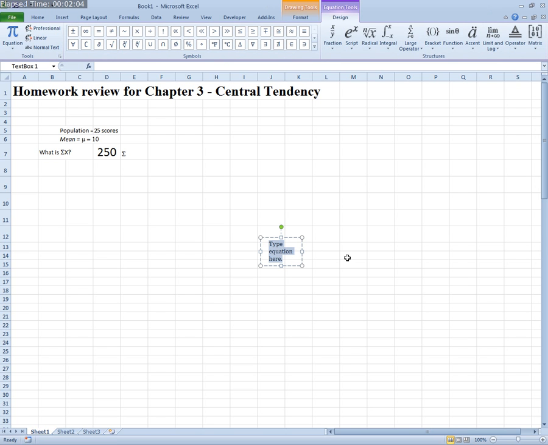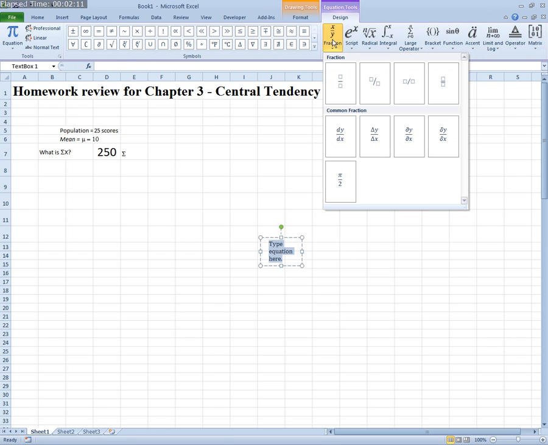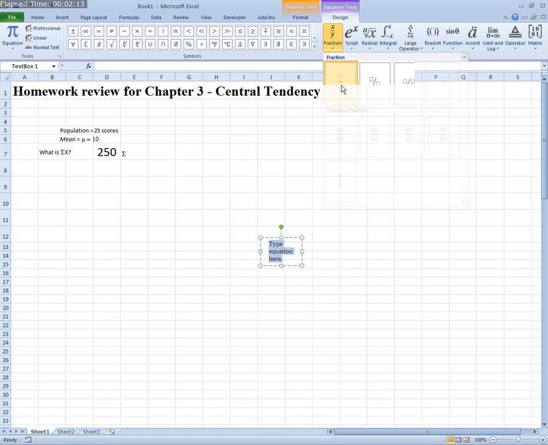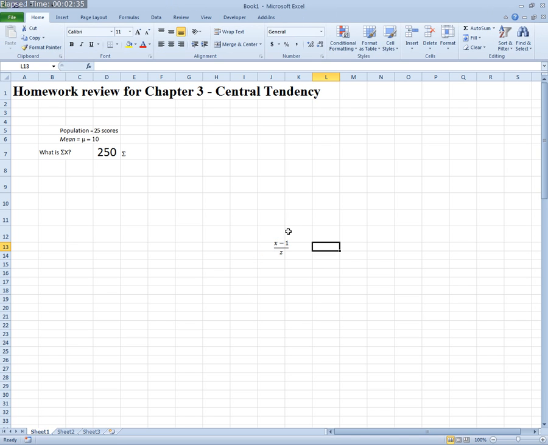So let's say I wanted to do a fraction, and so I would simply hit the fraction and type that, and then I would click in here, and I would say x minus 1 divided by z, and there you have a nice fraction.